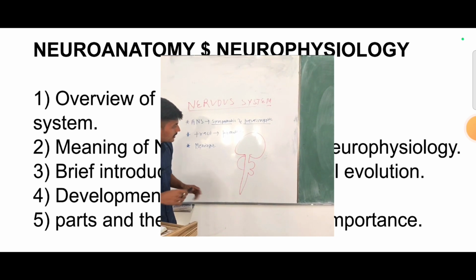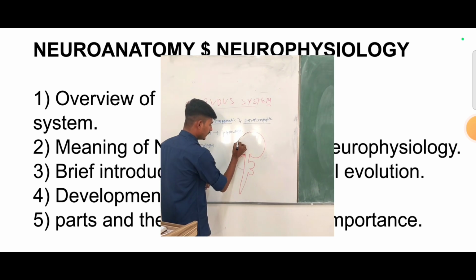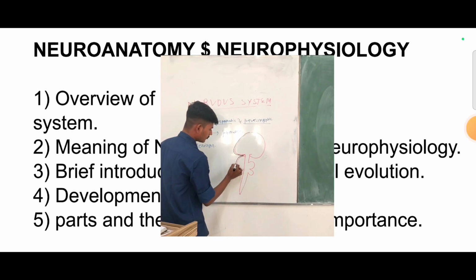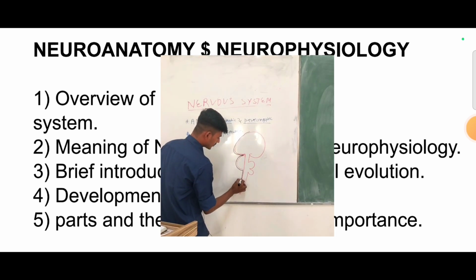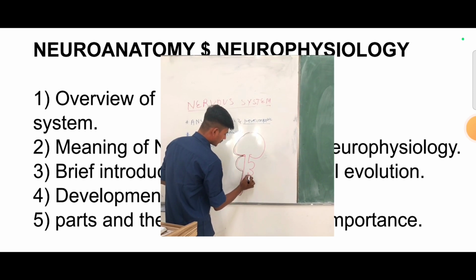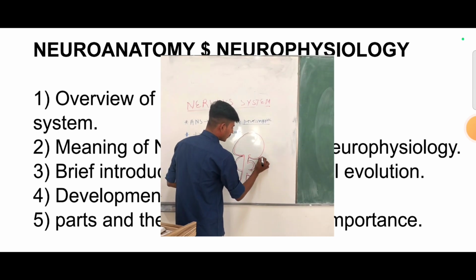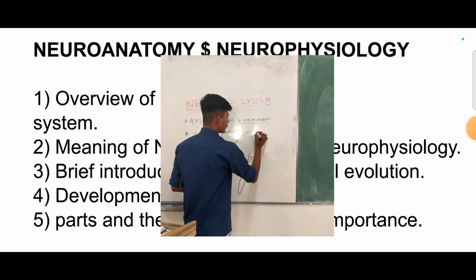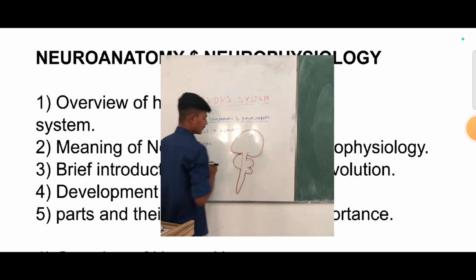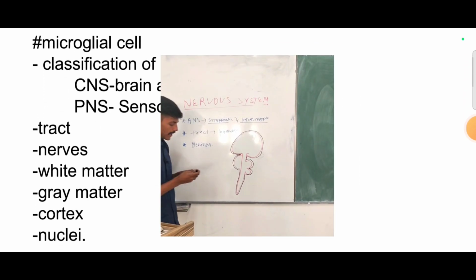Now the central nervous system is first of all covered by one soft, delicate layer, and this delicate layer which I am showing in black color is called the pia mater, the first meninges of the nervous system.